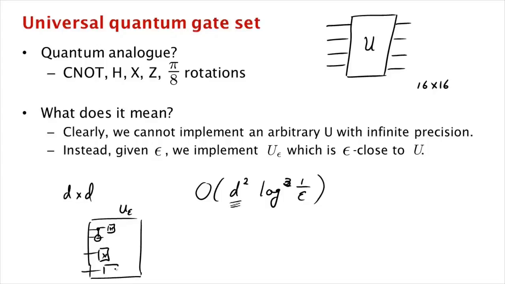And moreover, this circuit U sub epsilon behaves almost the same as U, in the sense that if you look at these two transformations, U and U epsilon, they are epsilon close in operator norm. So U minus U epsilon in operator norm is at most epsilon. This is another way of saying that if you apply both of these circuits to the same quantum state, the states that result in the two cases are going to be epsilon close to each other in Euclidean norm.